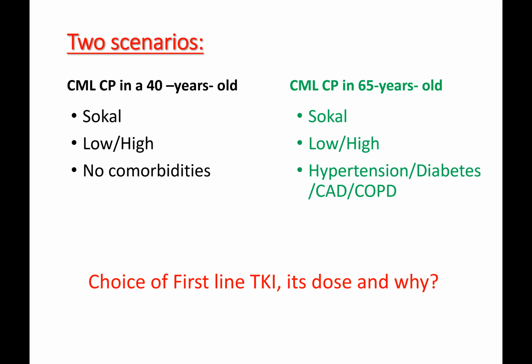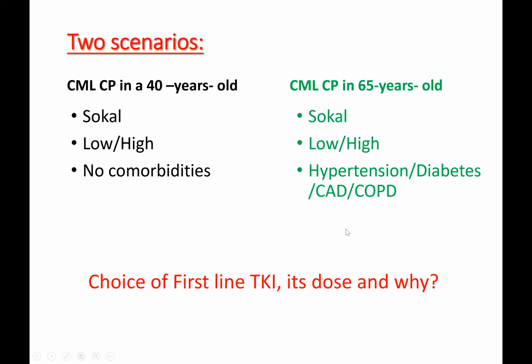Yeah, for the low risk Sokal, I may go with imatinib, but with the high risk, I will go with bosutinib, because bosutinib is one of the safest probably with the cardiac and diabetic related issues, provided that the kidney and GI tract do not have much comorbidities associated with that.